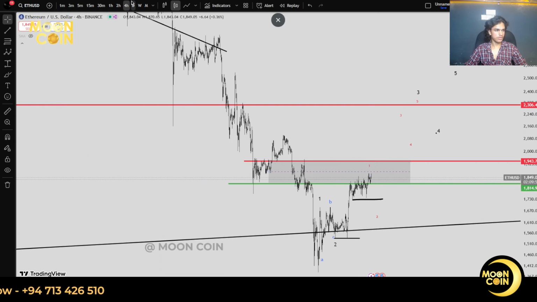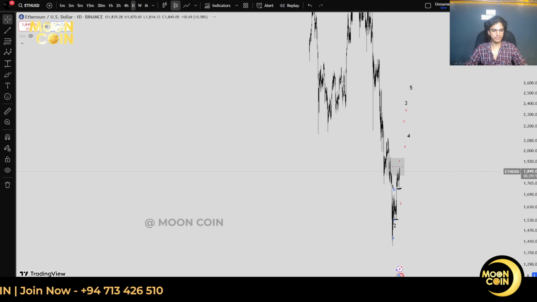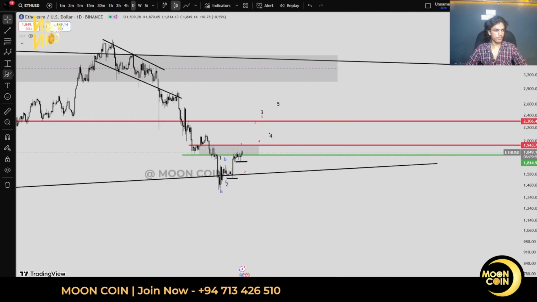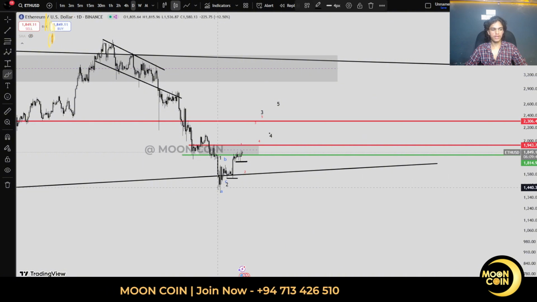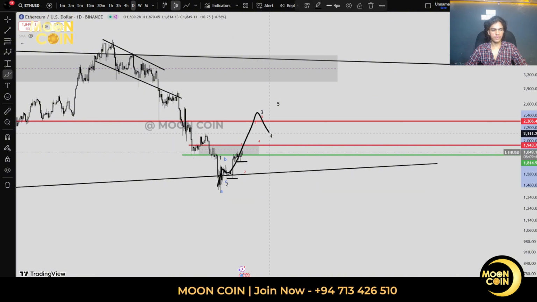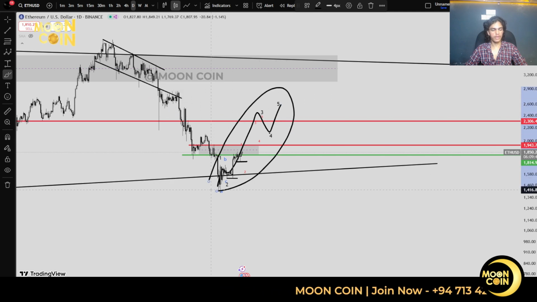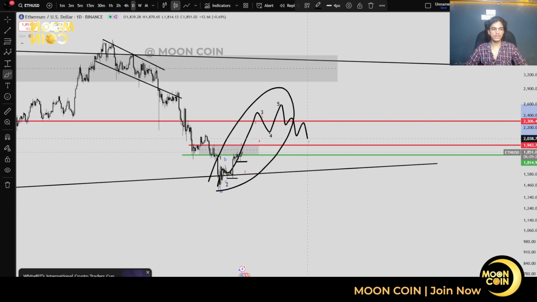I'll go to the daily chart here. If this 1 2 3 4 5 is completed, this will be a wave 1 or else wave A. So we can have a retracement to the downside. It can be a deep one or a short one.